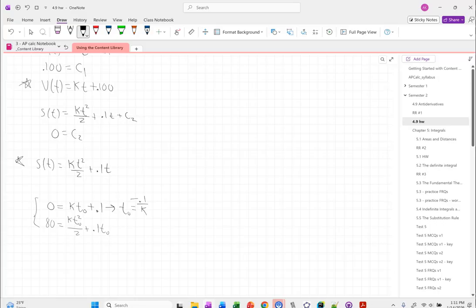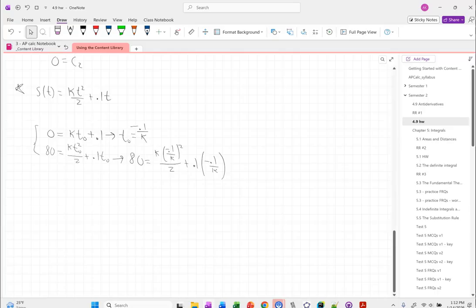And then plug it in here and just do a substitution. And now I just need to solve for k, which I don't think will be bad, right?